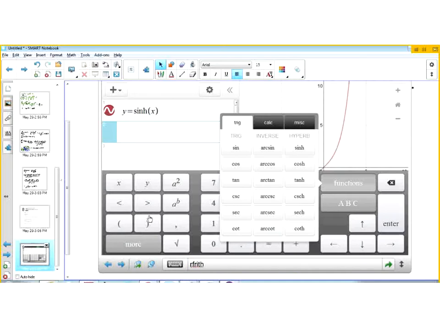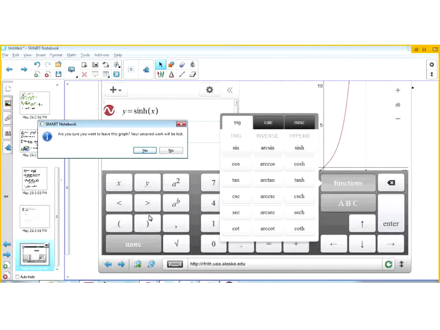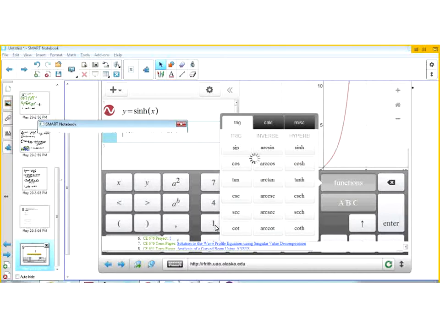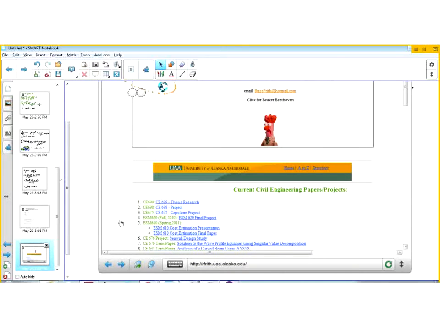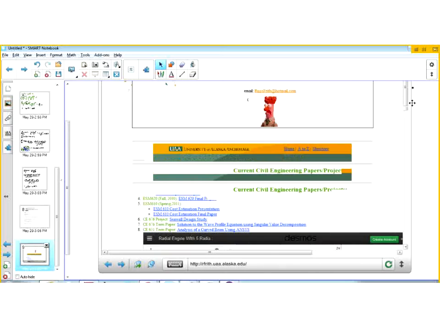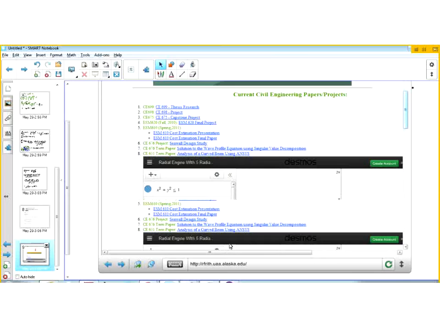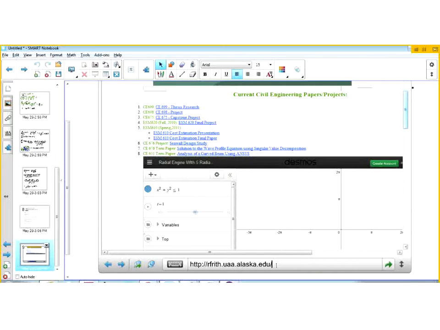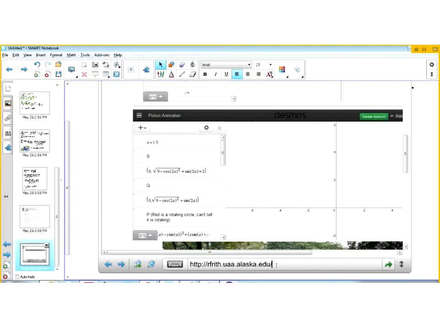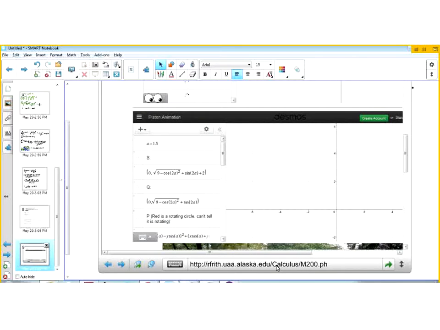I know your textbook has a graph of it. So let's go to calculus/m200.php.